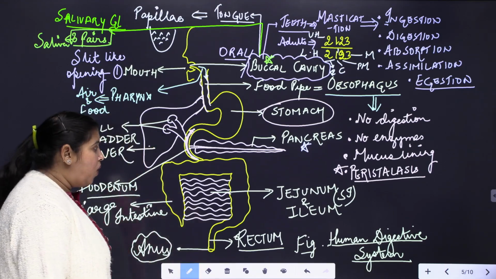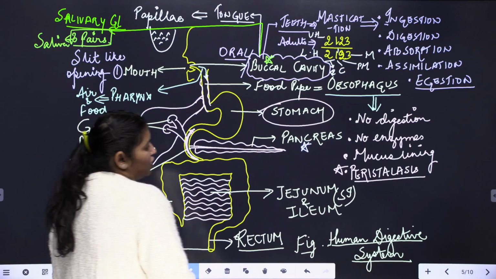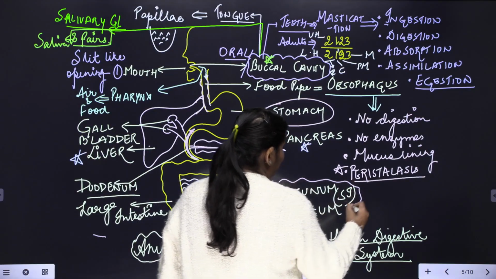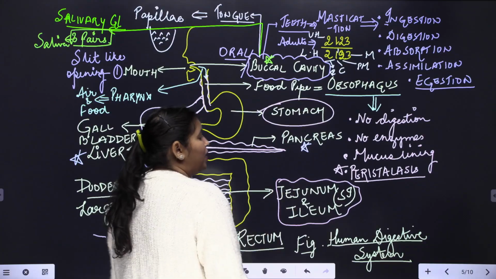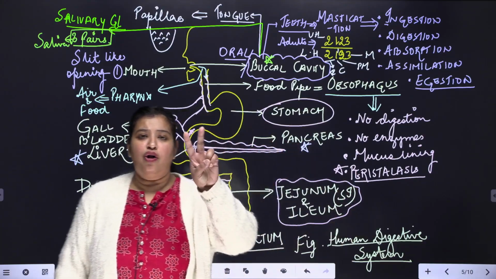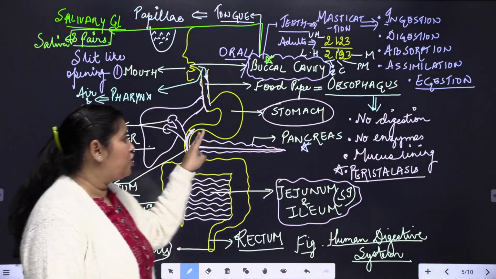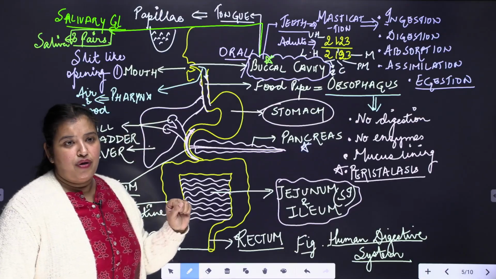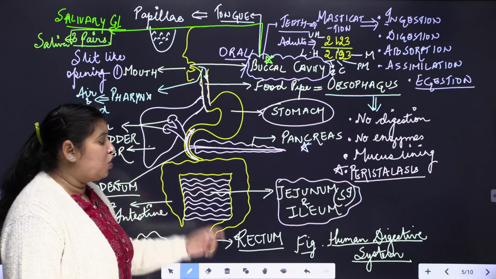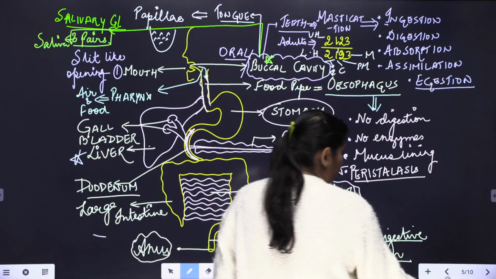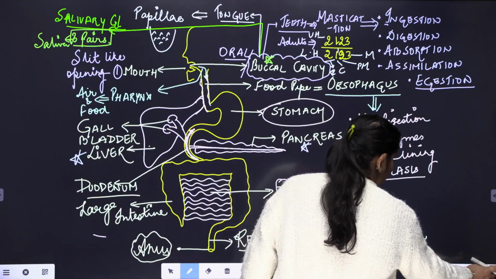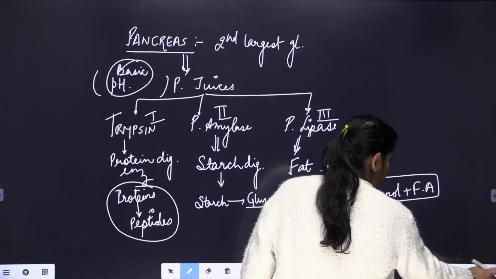Fine. Now what? Now comes the turn of the jejunum and ileum. What is going to happen here? So now two steps have already taken place. First one, ingestion. The process of digestion completes here in the duodenum. The third step is absorption. Absorption is going to take place in the ileum and jejunum.